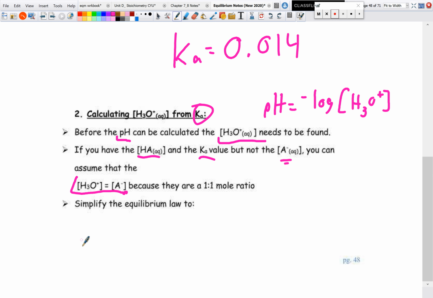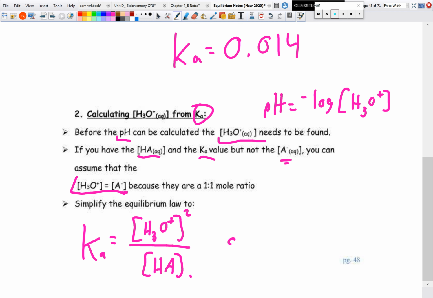So that means we can simplify our equilibrium law to this. Simplifying it, if we rearrange, we get this formula right here.